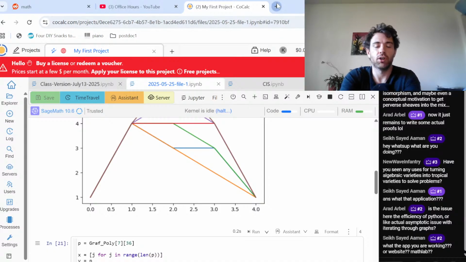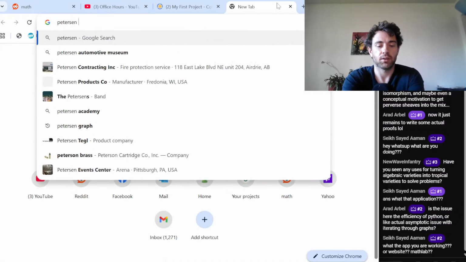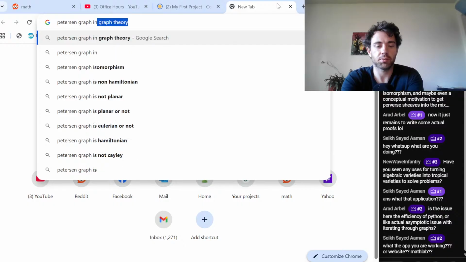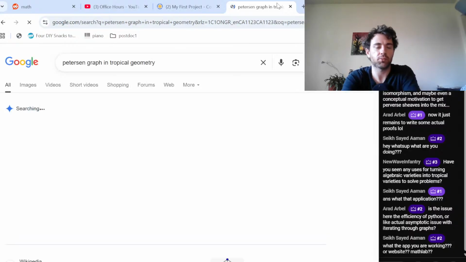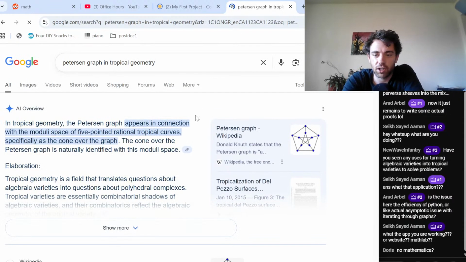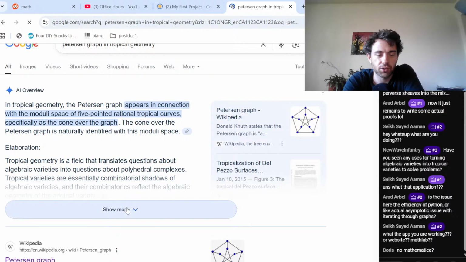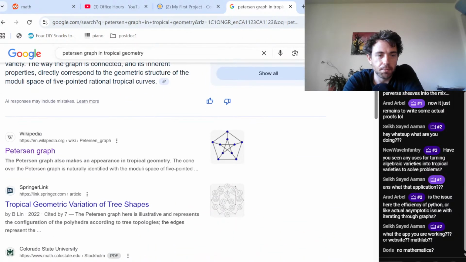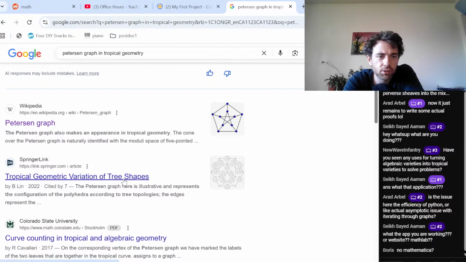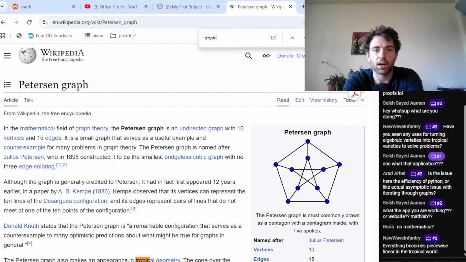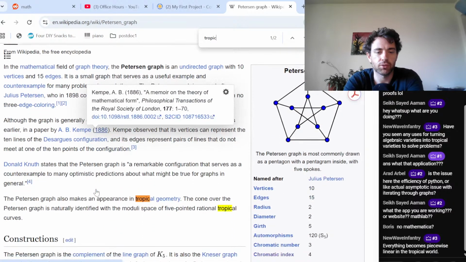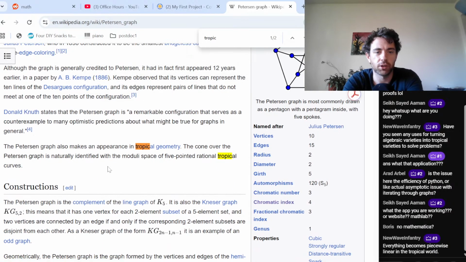I'm really interested. There's this really interesting thing: the Petersen graph in tropical geometry. I'm obsessed with the Petersen graph, as you know, and with Moore graphs, for a whole bunch of reasons.